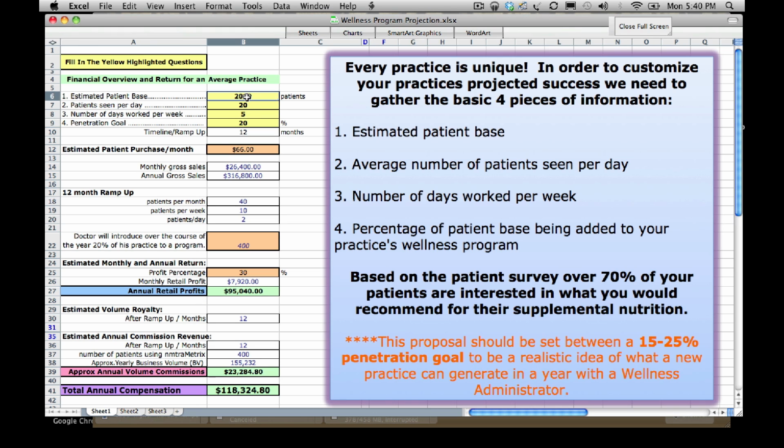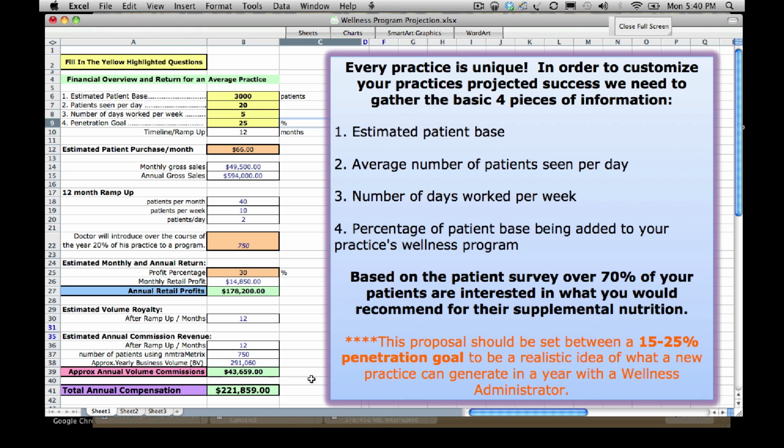So if you see here, we can change 2,000 to 3,000. And that's going to change that number from $118,000 to $177,487. If we change the penetration from 20% to 25%, you can see that that projection jumps up again to $221,859.